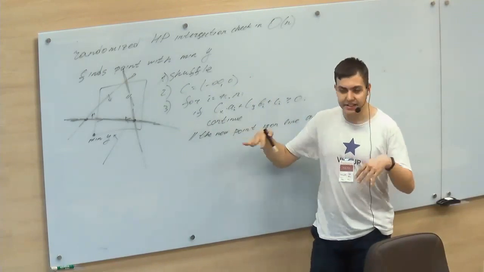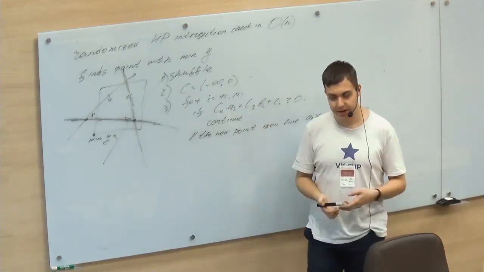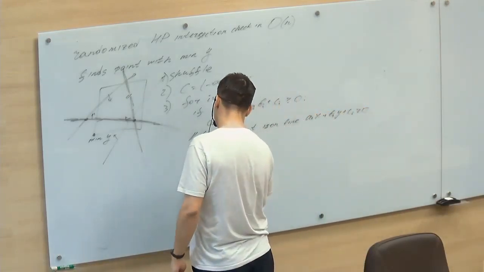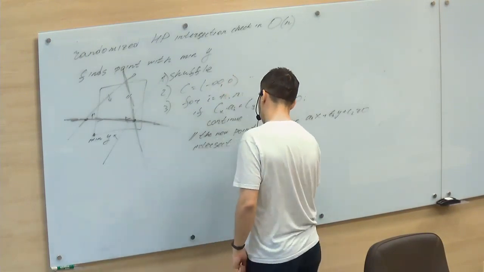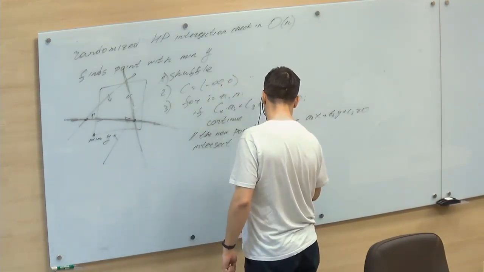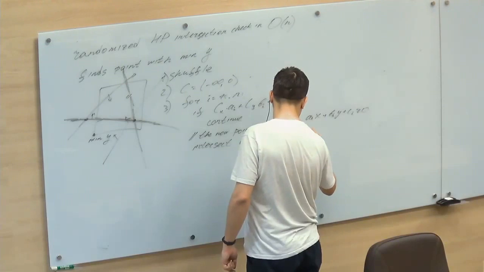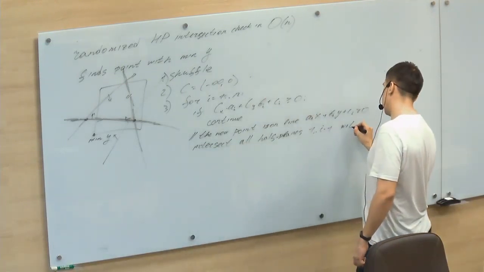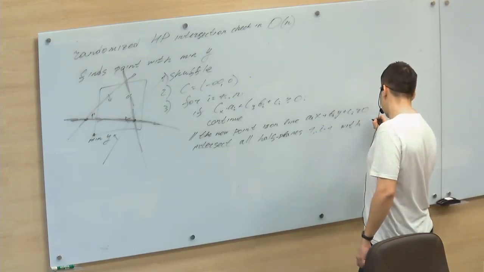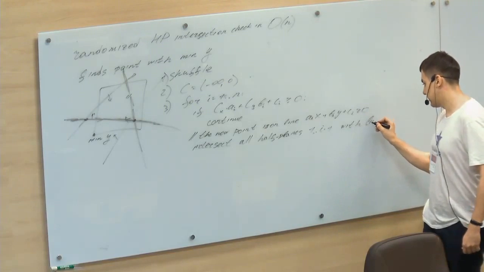So now we intersect all the previous half planes, from 1 to i minus 1, with the line.